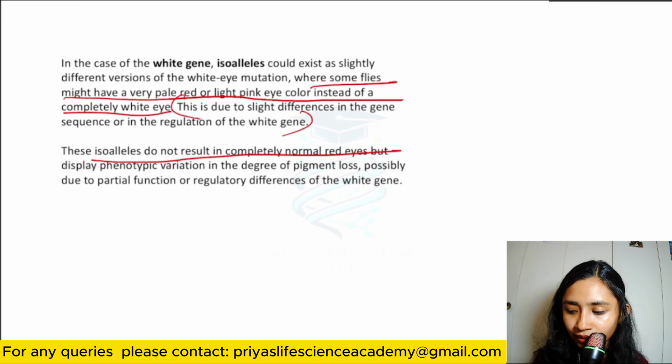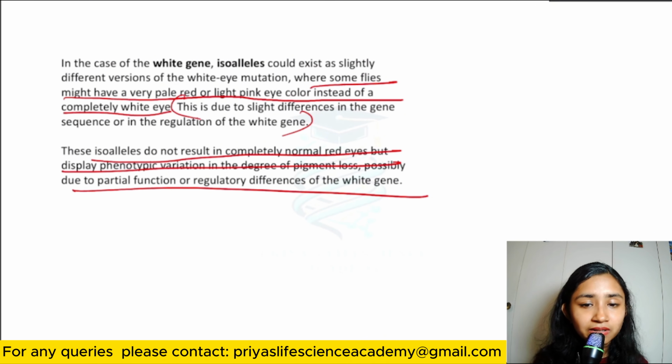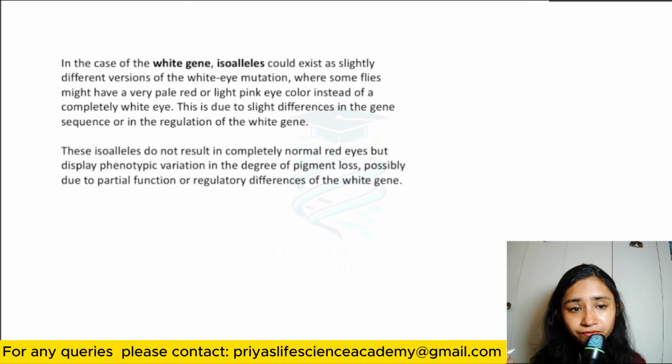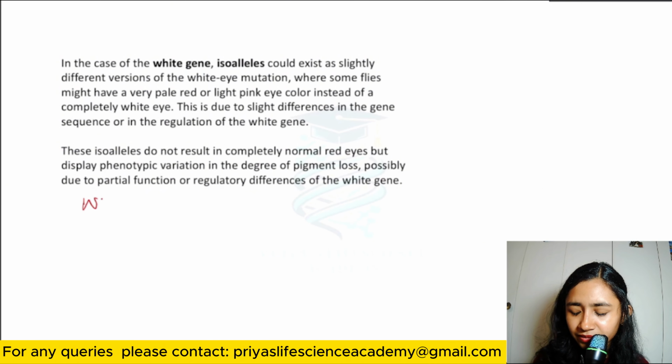Actually, this white gene is the gene responsible for production of the pigment. There is some variation of this pigment production, where the gene changes its sequence to give rise to this type of phenotype. For example, I'm giving you a very lucid example: capital W producing totally red, small w producing pale red.